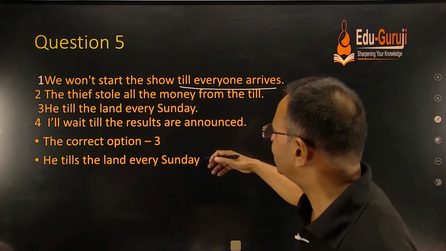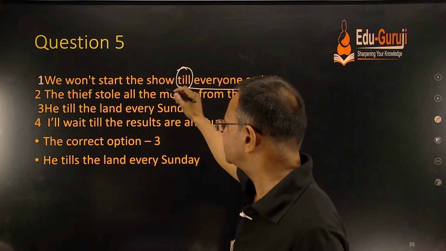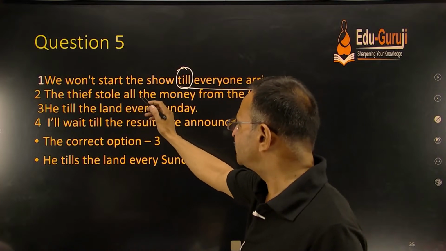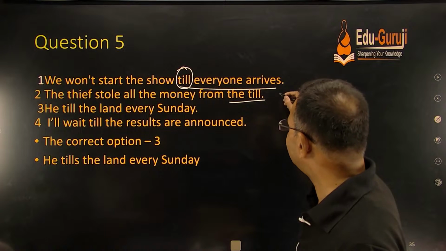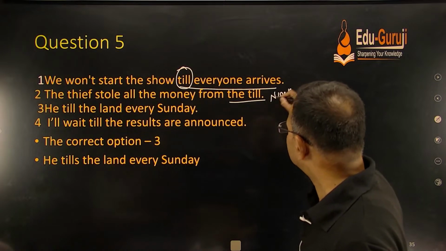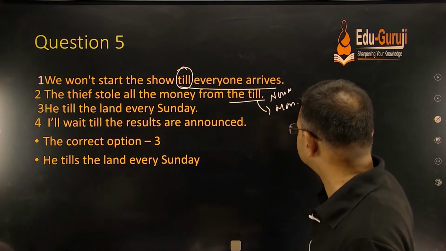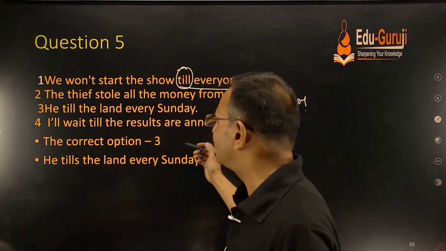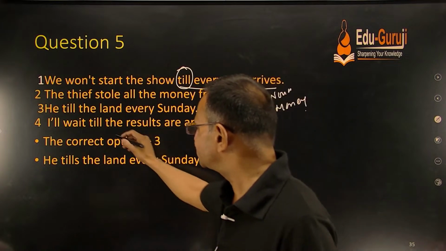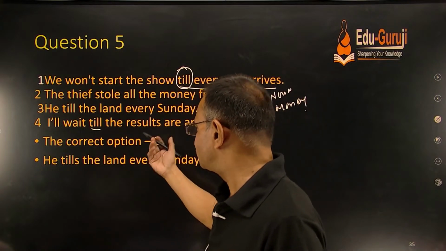This is absolutely correct. Till is used as a conjunction here. The thief stole all the money from the till means it is being used as a noun, a money drawer. Then, I will wait till the results are announced, is again a preposition.